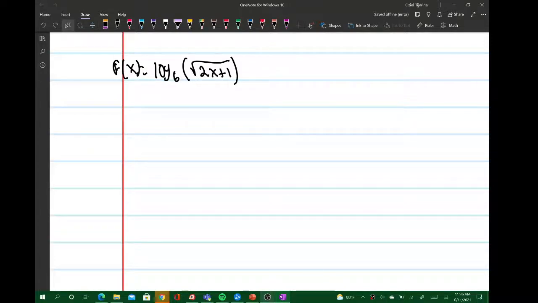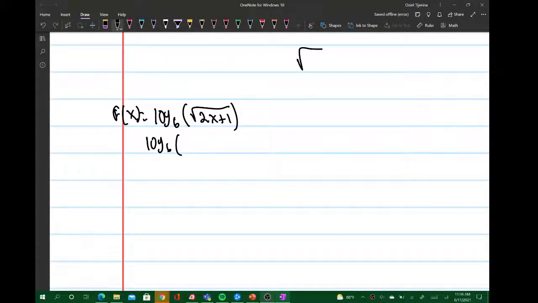You can say log base 6, and remember when I said that the square root of u is really just u to the 1/2 power? So you can say this is equal to 2x plus 1 raised to the 1/2 power, right?